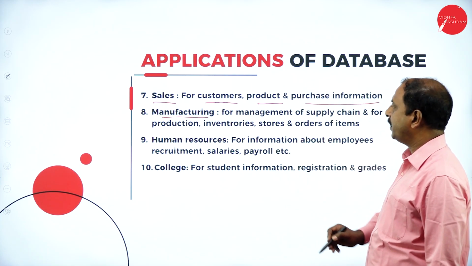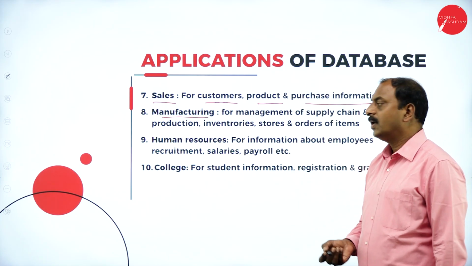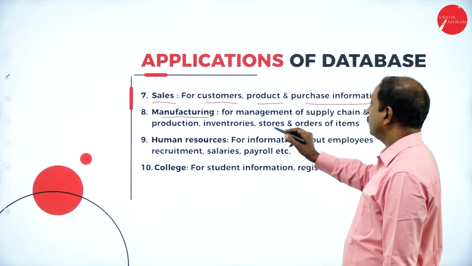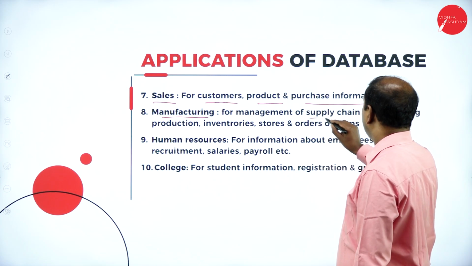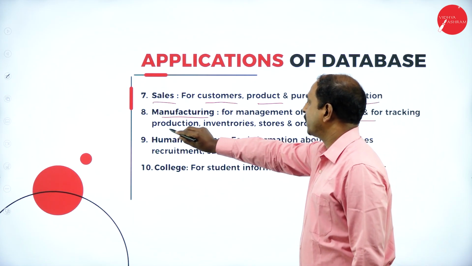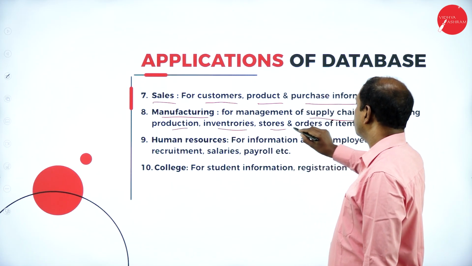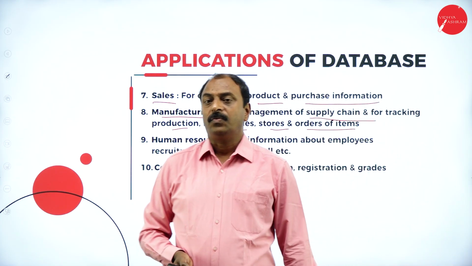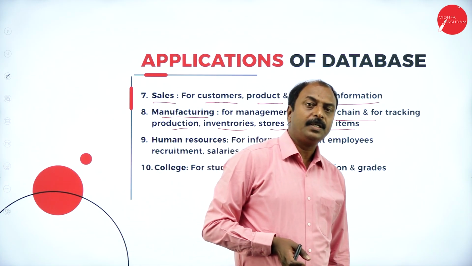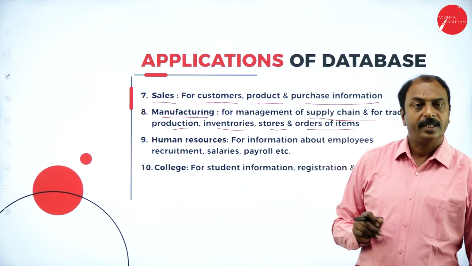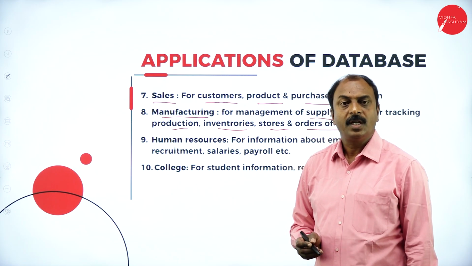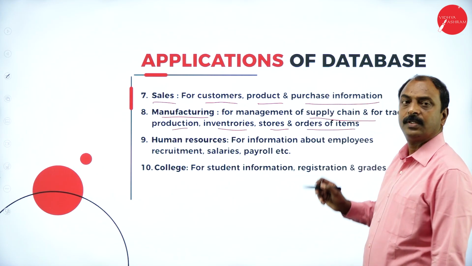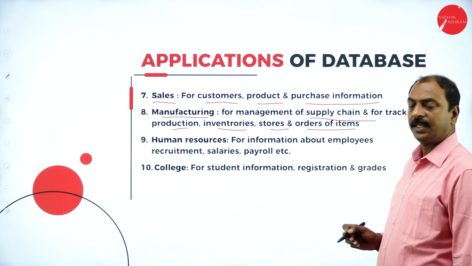In a factory or in the manufacturing sector, they use it for management of supply chain and for tracking production, investment, stores, and order of items, or even raw materials. So in the production department, they make use of this database software to store the different details of the data or their applications.